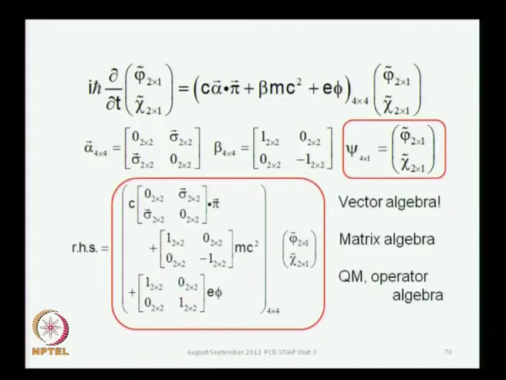So, whatever mathematics you do is very simple, there is nothing beyond matrix algebra or vector algebra and a little bit of calculus, because you also have the differential operators. So, the mathematics is very simple, but you have to be very careful to use all of it together. So, the first thing I will do is to demonstrate the reduction to the 2 component Pauli equation.